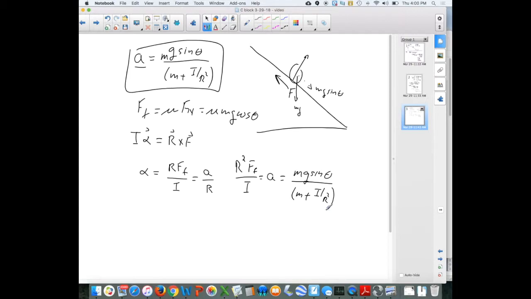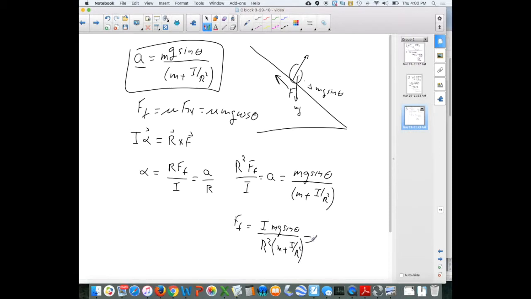I can solve for force of friction: it is I mg sine theta over R squared times m plus I over R squared.